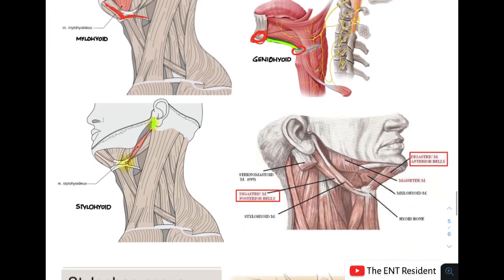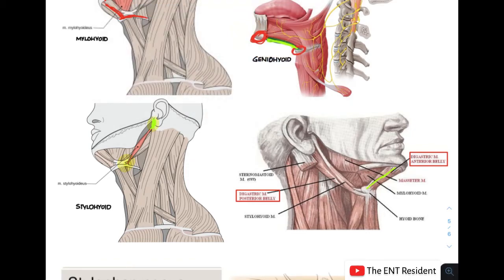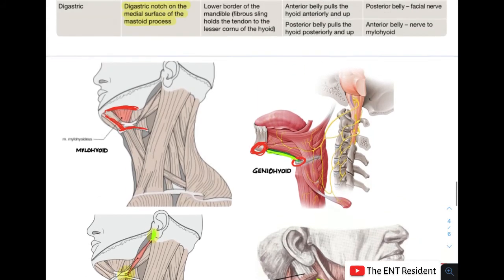As you see over here, this muscle is the anterior belly and this muscle over here is the posterior belly, and you can see over here there is a fibrous sling which gets attached to the hyoid bone. This is helping in maintaining a tension.